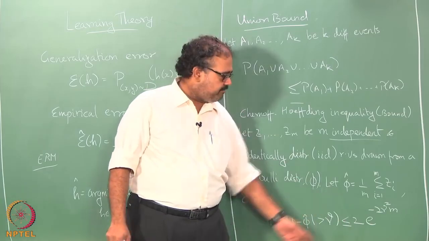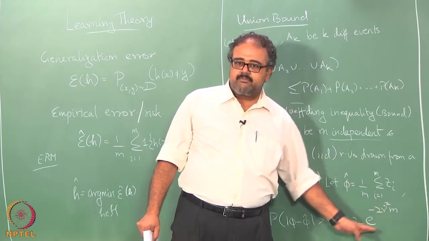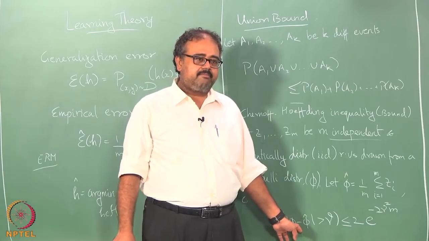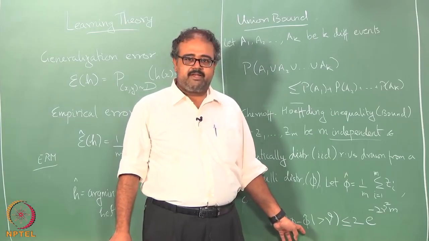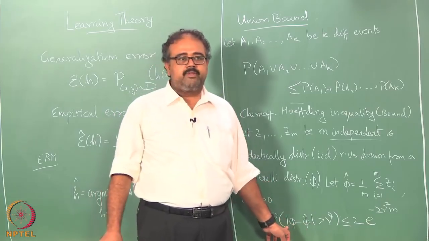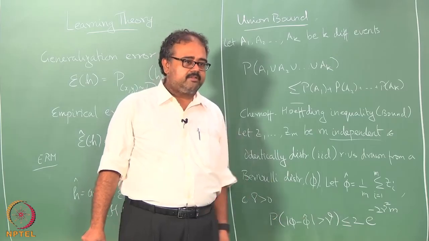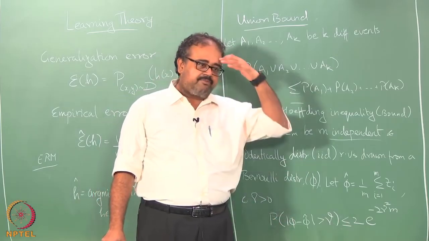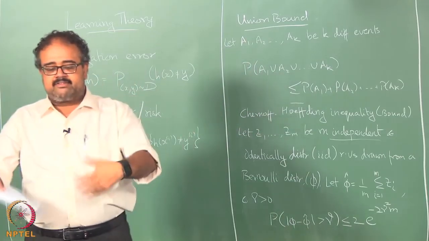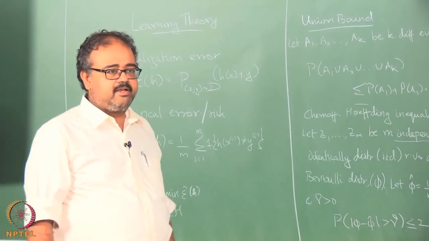So this gives you a way of quantifying how many samples I need before the mean that I have estimated is close enough to the true mean, with high probability. Gamma is something that I fix a priori. I say, I need you to be at least this accurate. Now go and tell me how many samples I need.